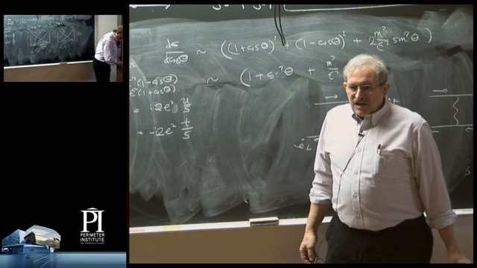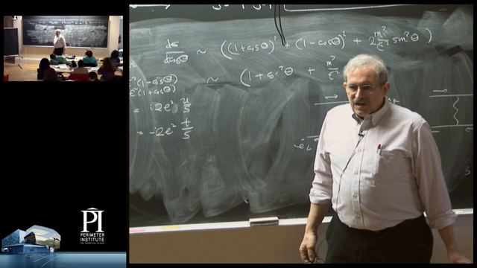But maybe I should make one more comment about that. If you want to study left-handed top quarks, and you had a very high energy e plus e minus collider, you could do that in the following way. You could create a left-handed electron beam, collide it with a positron beam. The positron beam doesn't have to be polarized, right? Only one beam has to be polarized to get the effect.